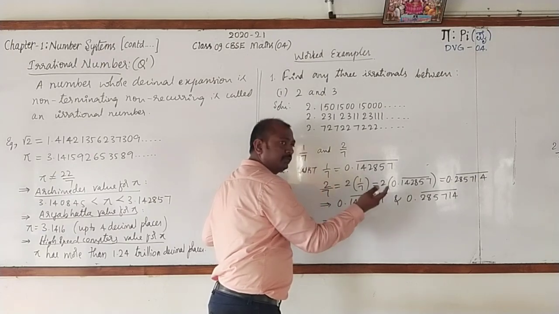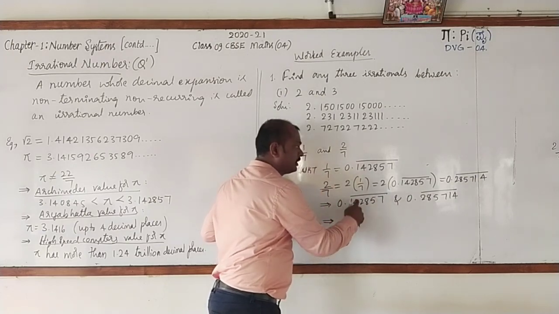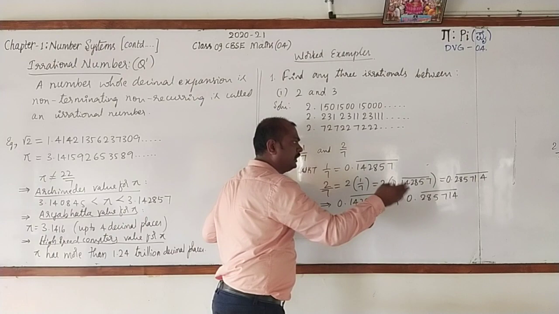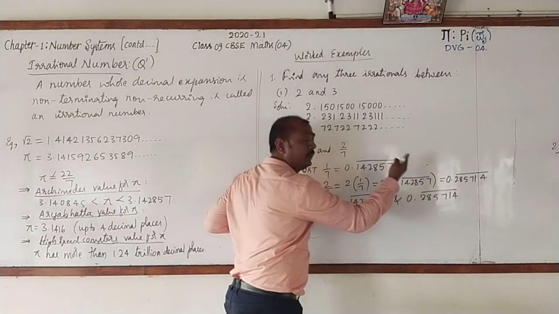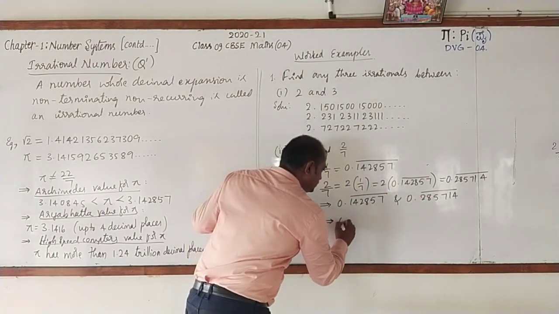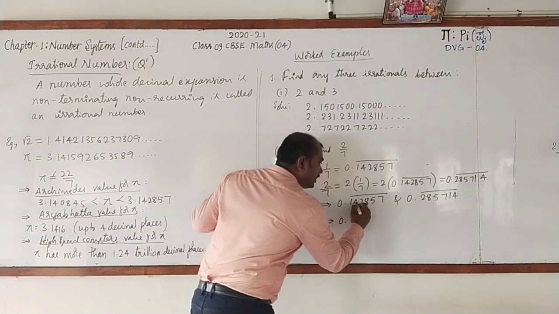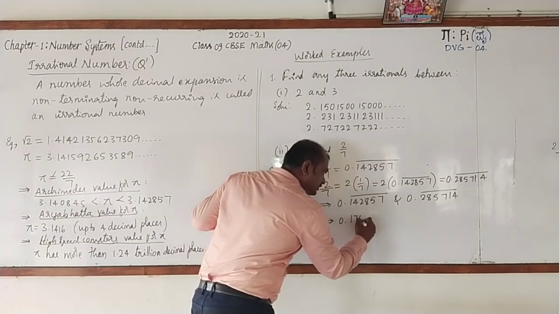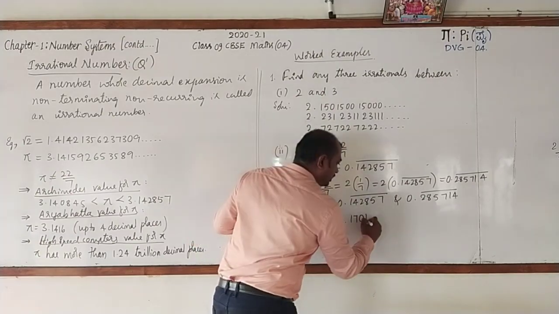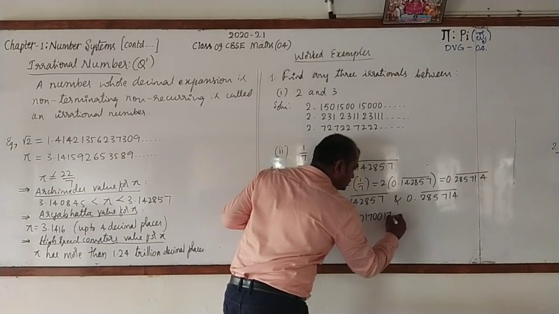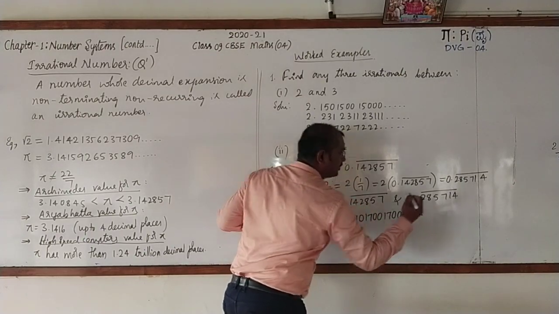Can we take 15? Yes. 16, 17, 18, 19, 20, 21 and so on up to 27 can be taken. 0.1, I take 1, 7, 0, 1, 7, 00, 1, 7, 000 and so on.